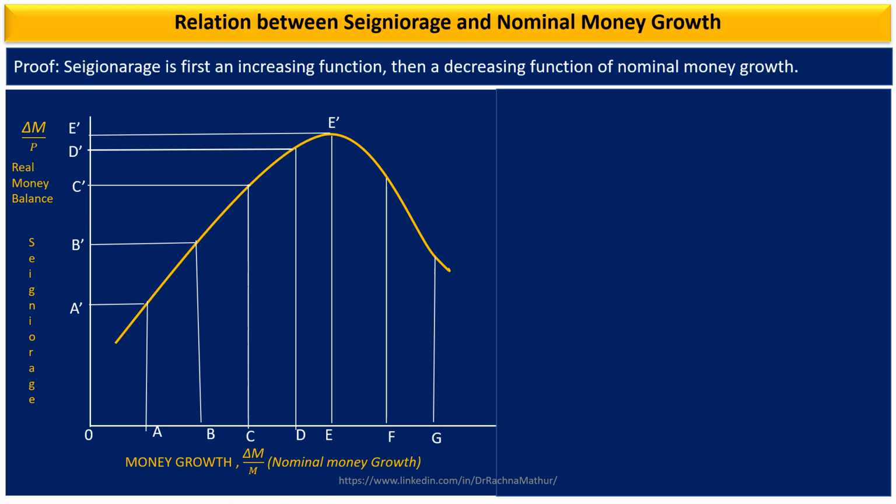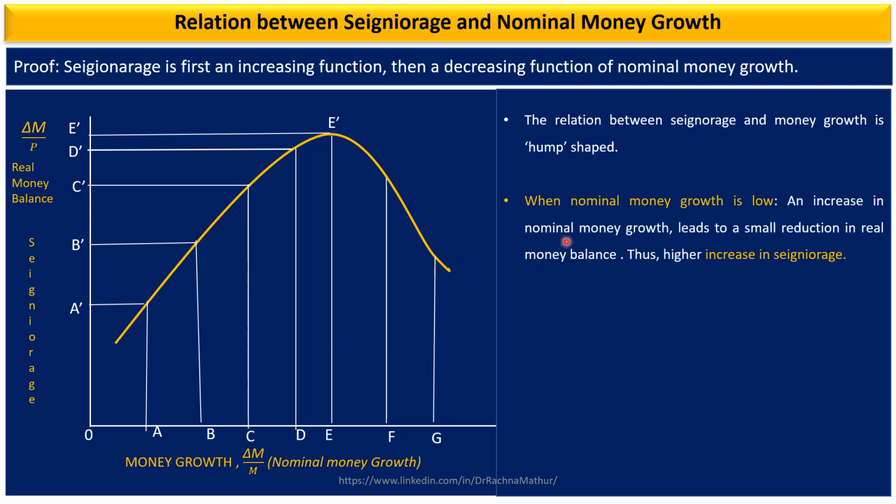The figure shows that seigniorage is first an increasing function, this part, and then a decreasing function of nominal money growth. The relationship between seigniorage and money growth is shown with the help of this hump-shaped curve.